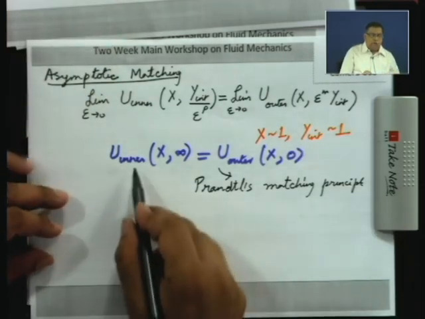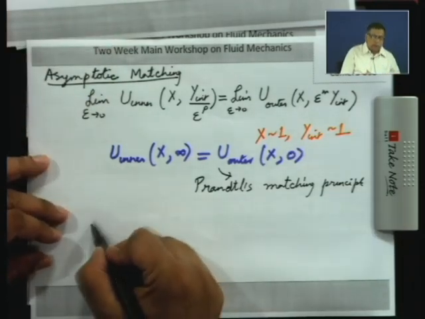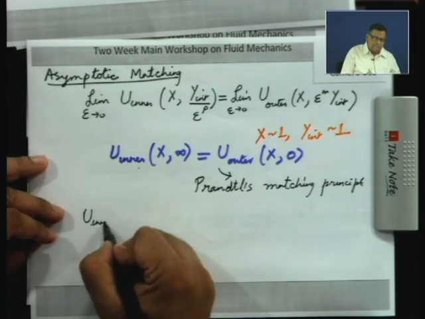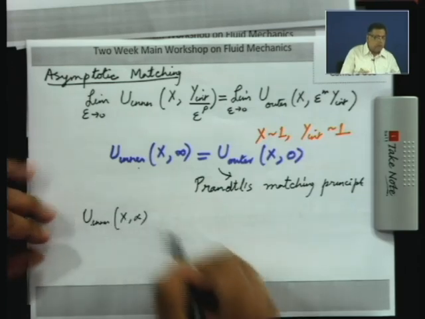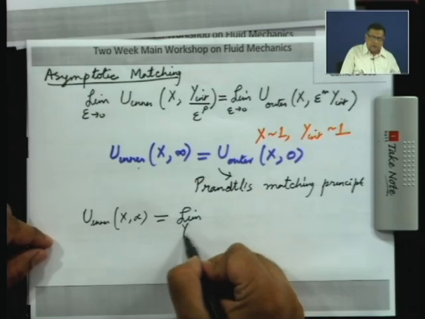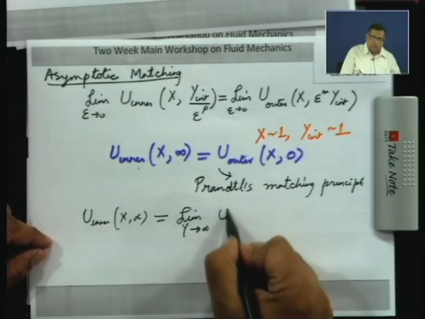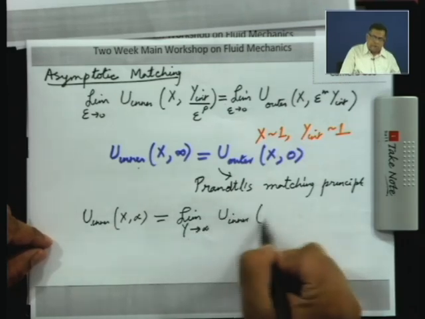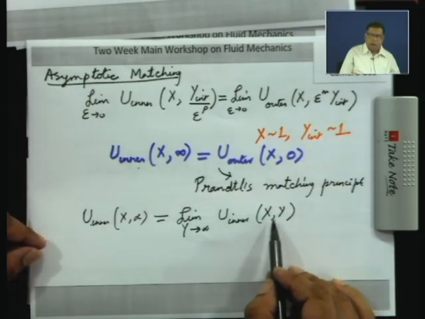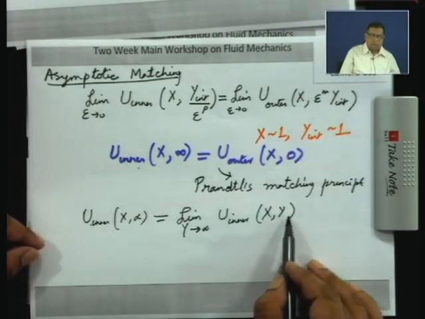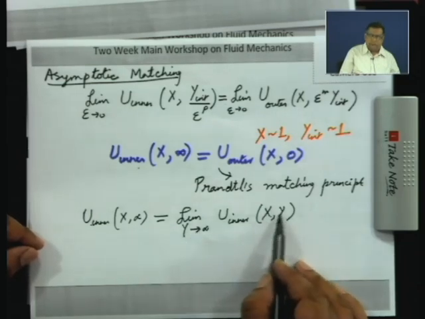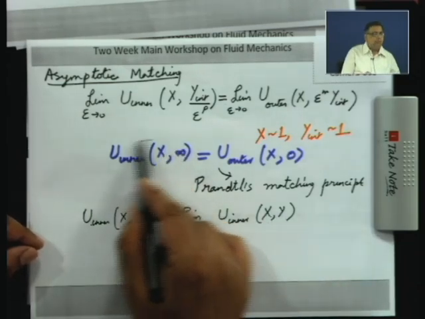Now, a more common way of stating this is: this quantity u inner of x comma infinity I can write as the limit capital Y goes to infinity of u inner of capital X, capital Y. Remember that in the inner region or the boundary layer the order 1 coordinates are capital X and capital Y. So, if I take the limit of this function as capital Y goes to infinity, I get what I have here on the left hand side.